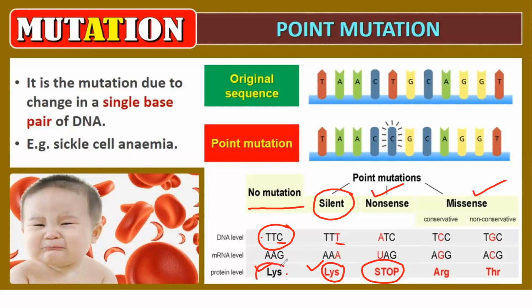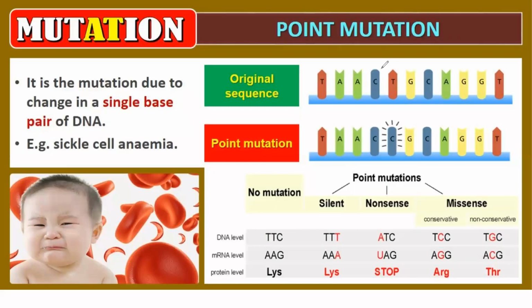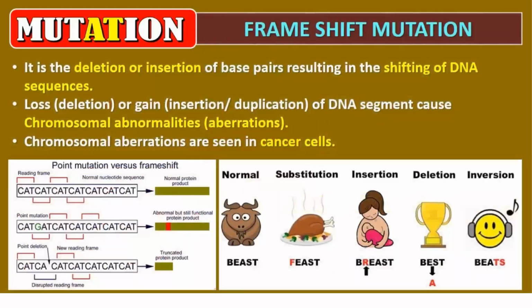Instead of the lysine amino acid, the gene is responsible for some other amino acid that may lead to a change in protein synthesis. This kind of mutation is known as missense mutation. An example of point mutation is sickle cell anemia.